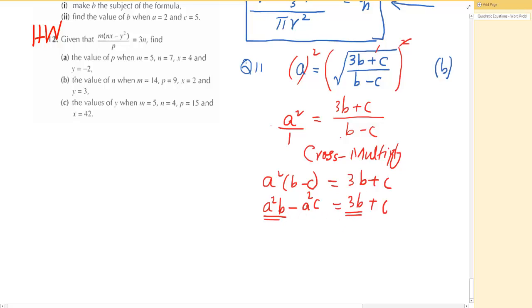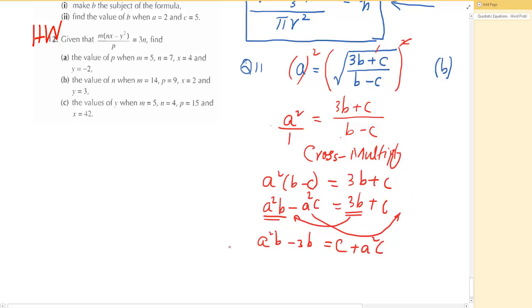Because we have to make b the subject, and b is here, it is here as well. So these are the two terms in which b is there. So we will bring them to one side. I will bring this term over here, a square b minus 3b, and I will bring the rest of the terms to the other side. It is c plus a square c.